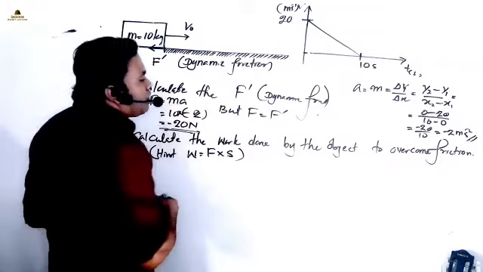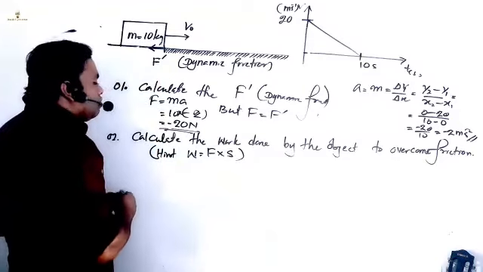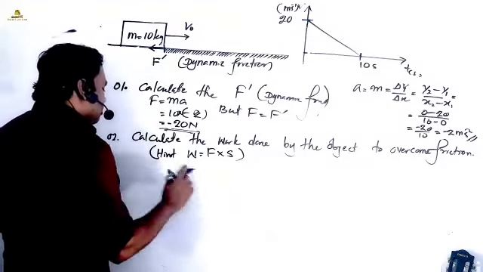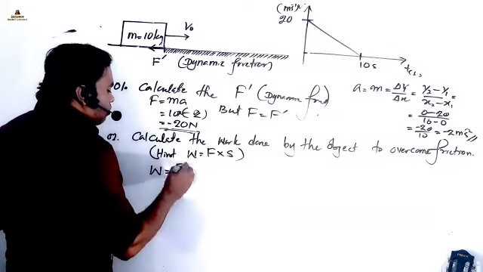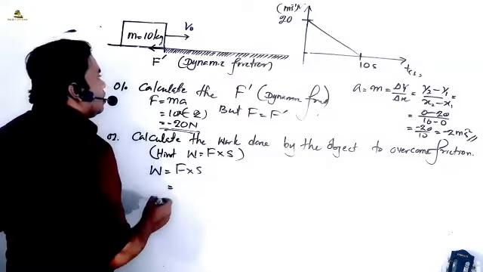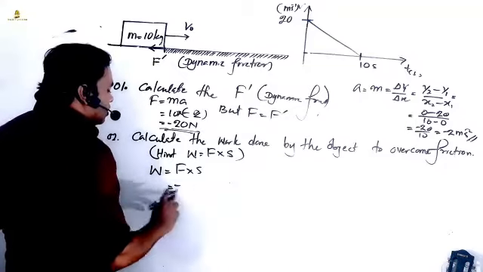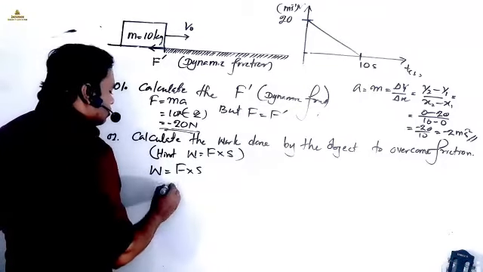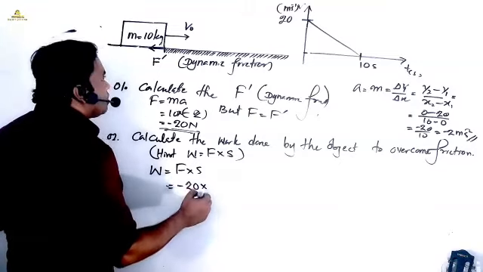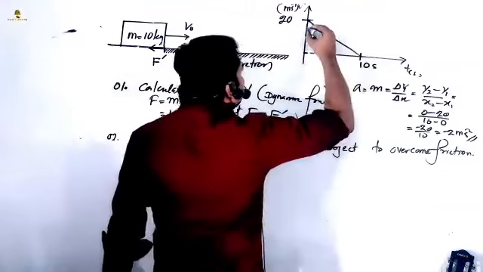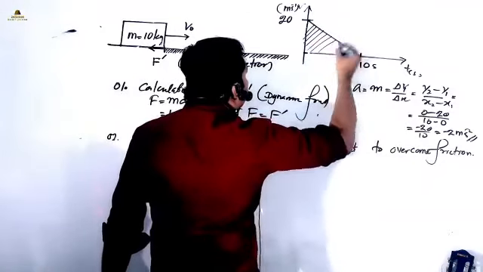Calculate the work done by the object to overcome friction. So that's work equals force into displacement. That force is minus 20 into displacement. Yes, displacement can be calculated in velocity time graphs.